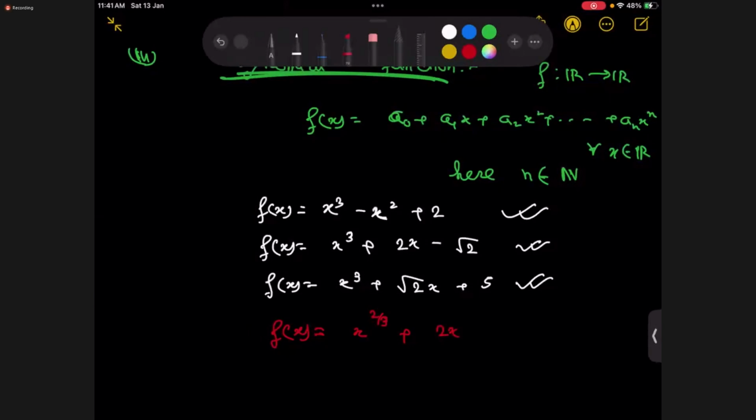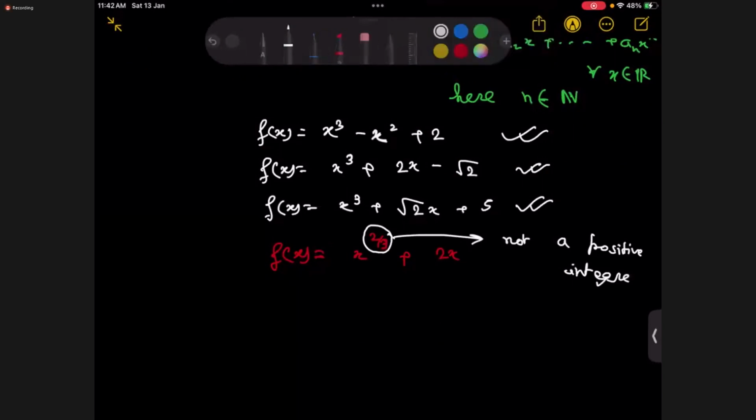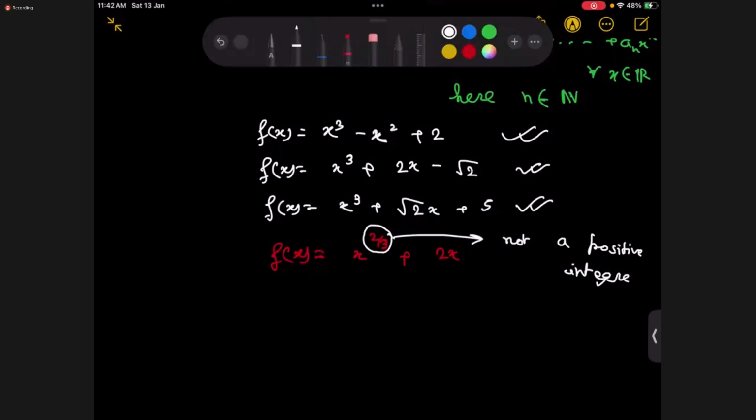Because in this case the power is not a natural number, not a positive integer.